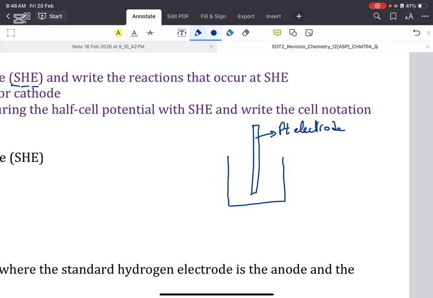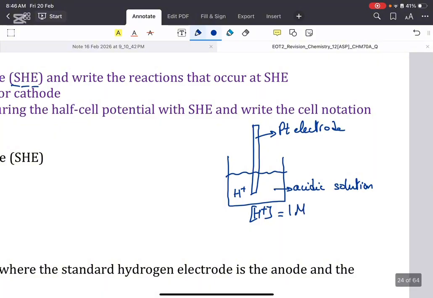So we need a platinum electrode, and this platinum electrode is immersed in an acidic solution. And when I say acidic solution, it means that this solution contains H+ ions, specifically at a concentration of 1 molar.